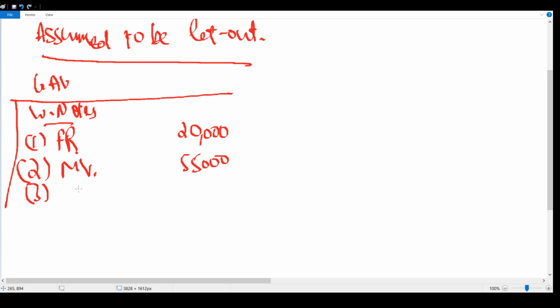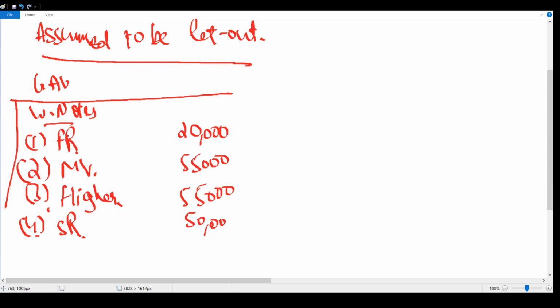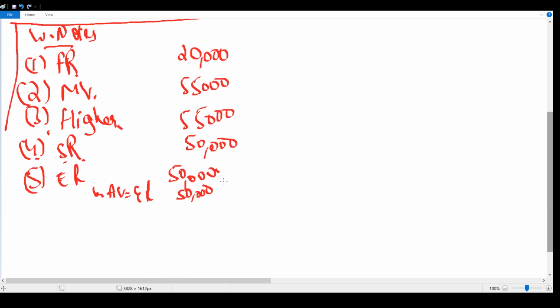Third, higher of 1 and 2, that is 55,000. I think there should be no doubt in the calculation of GAV. Standard rent 50,000, expected rent lower of 3 and 4, and GAV is equal to expected rent, that is 50,000.